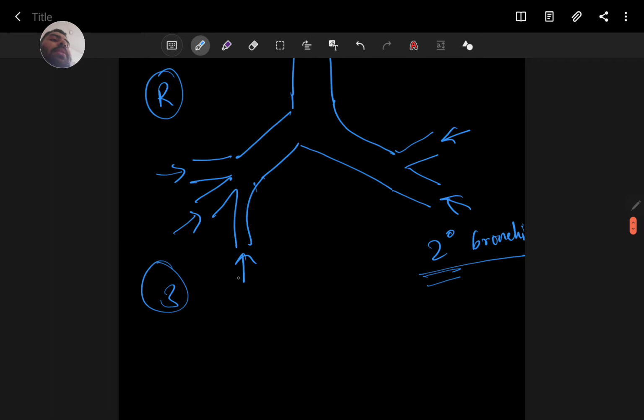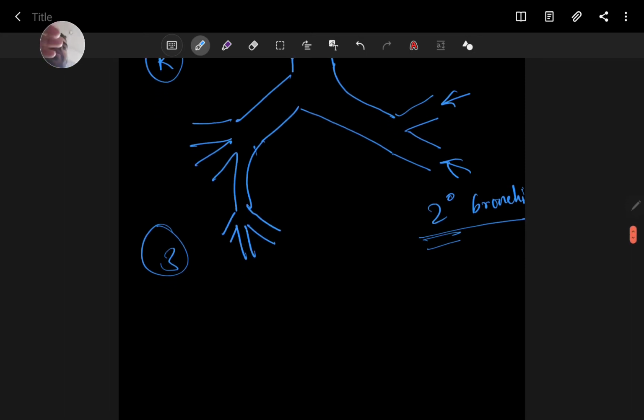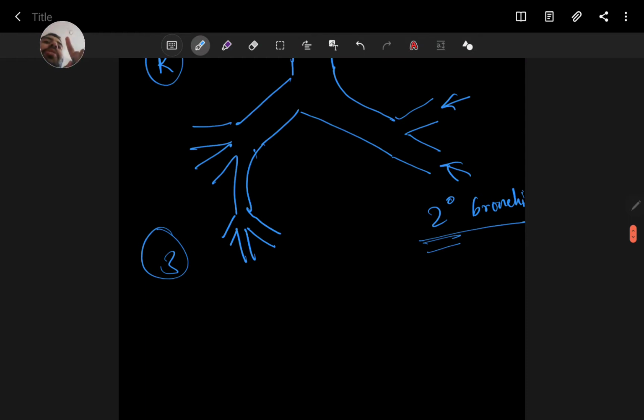Now these secondary bronchi divide into tertiary bronchi, and each tertiary bronchus enters and forms one bronchopulmonary segment.